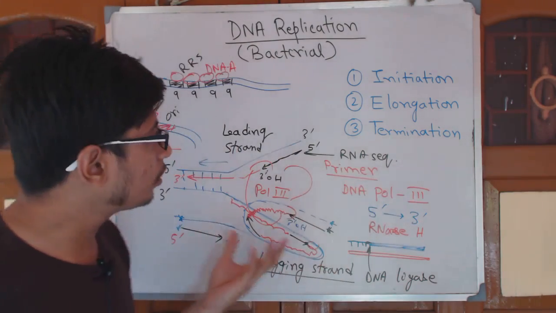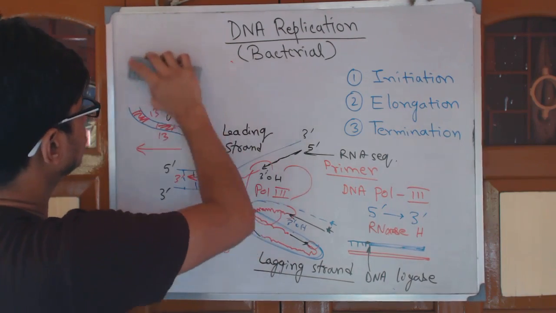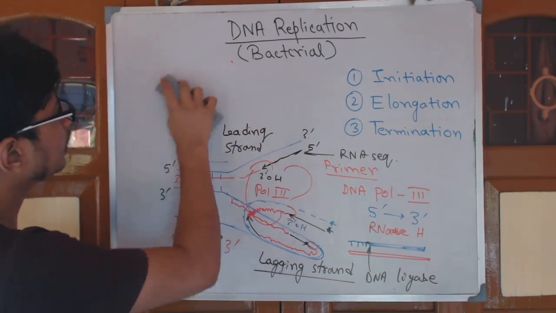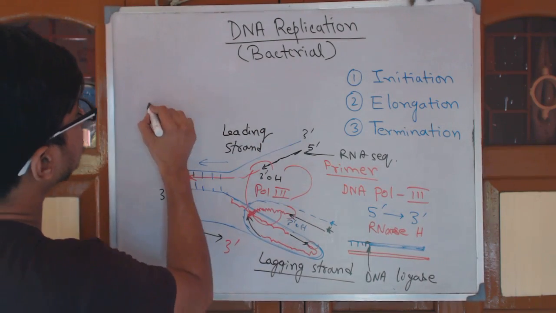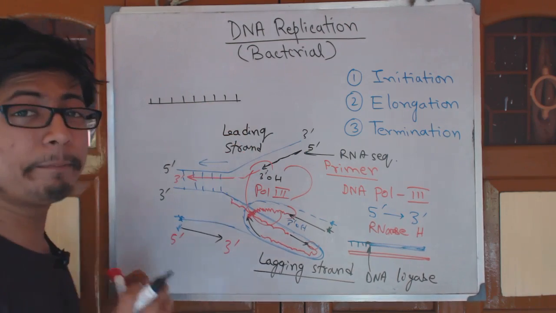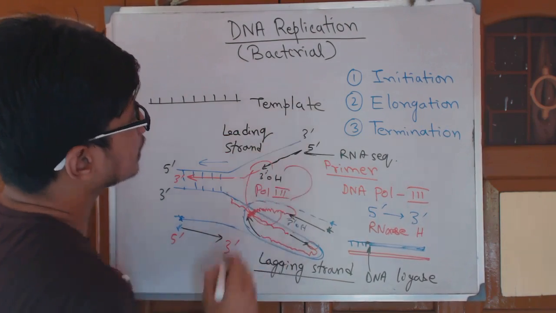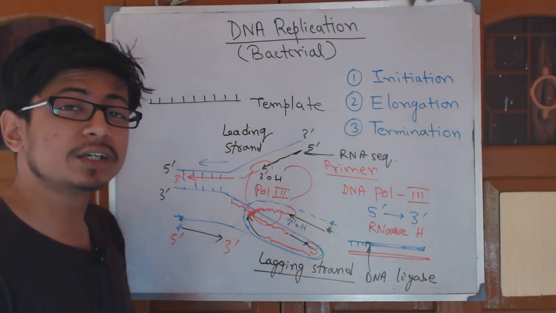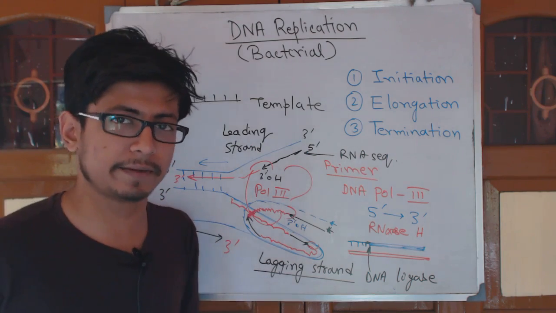Now the process I told you about, the biochemical process of polymerization. The idea is very simple: we have a template DNA. Template DNA means the DNA which we use as a complementary strand to synthesize our new DNA strand, right?